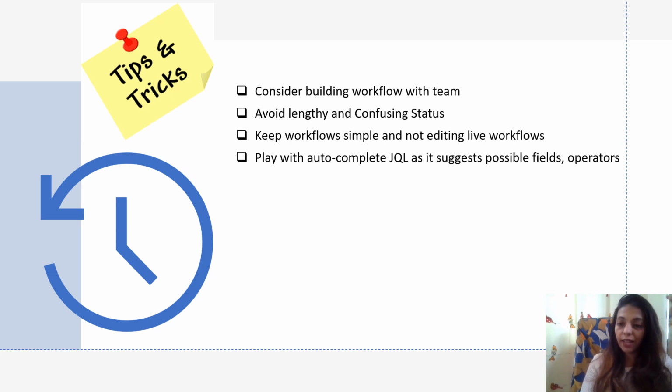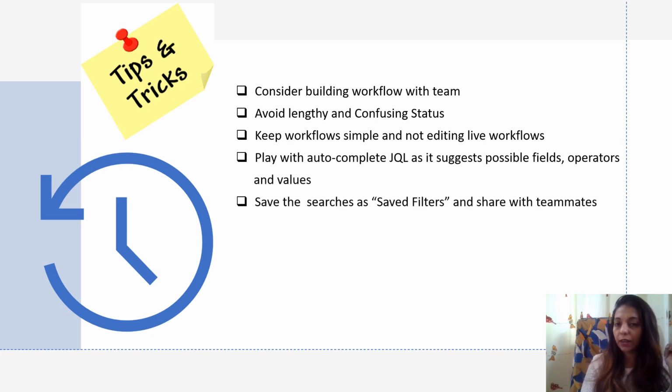If we have the list at the bottom, we have the operators, the names, assignee, order, and we get auto suggestions for those. So initially we should always use those auto suggestions. Then after the auto suggestions, we have a query ready.